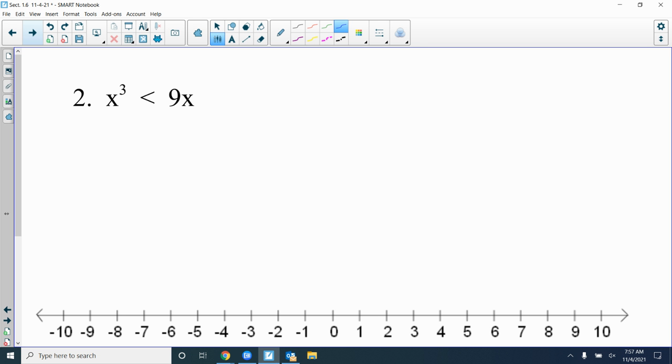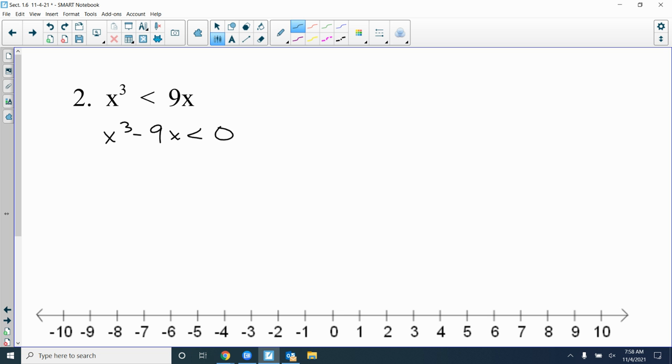All right, now if you get something like this, let's do number 2. x cubed is less than 9x, so x cubed minus 9x is less than 0. This one's not as obvious because you're probably not going to know the graph of x cubed off the top of your head.